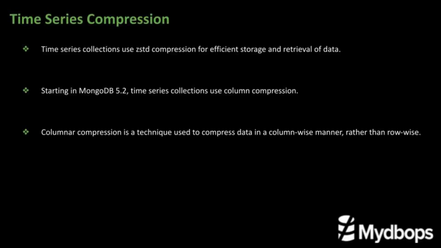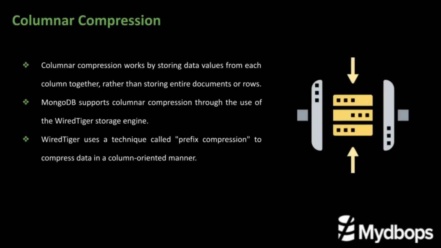ZSTD provides higher compression ratios compared to the normal snappy compression, which internally helps us decrease the storage size. From MongoDB version 5.2, time series can also use columnar compression. Columnar compression is a technique used to compress data column-wise rather than row-wise. Let me explain it in more detail.